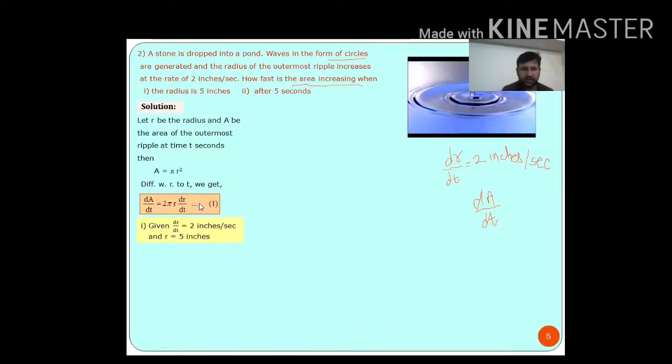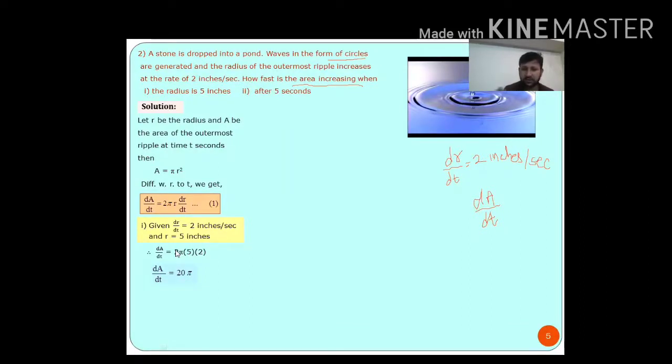So dA by dt is equal to 2 pi, r value 5, rate is 2. Now the product 5 into 2 is 10, 10 into 2 is 20. So dA by dt is obtained as 20 pi.